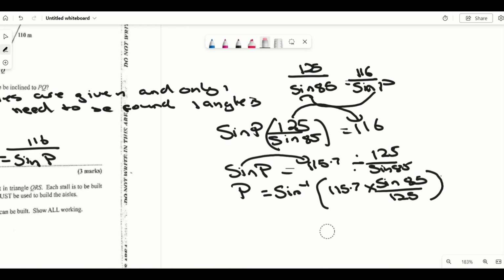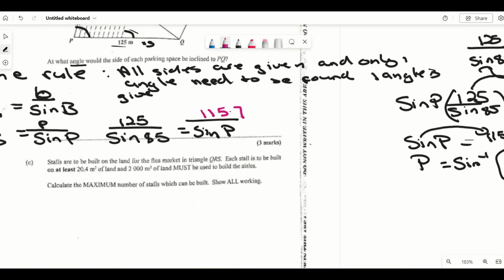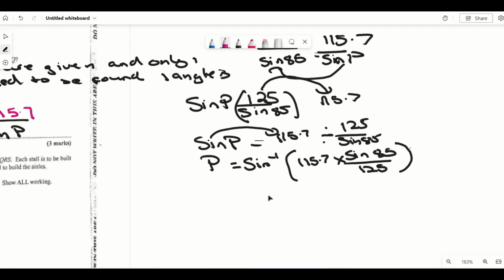So everywhere we saw 116, we're going to put 115.7. I don't think there's any more 115s. Right?